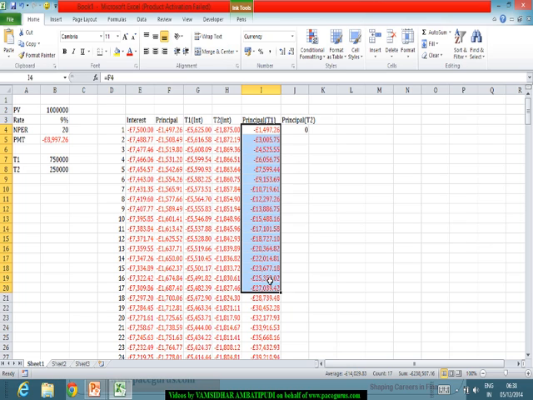Whereas if the prepayment rate is going lesser and lesser, T2 will take more time to receive its first amount, which means there is a lot of extension risk built into the T2 tranche, whereas there is a lot of contraction risk built into the T1 tranche. So what we typically see is the T1 tranche, more contraction risk, less extension risk. T2 tranche, more extension risk, less contraction risk. So this is the package.